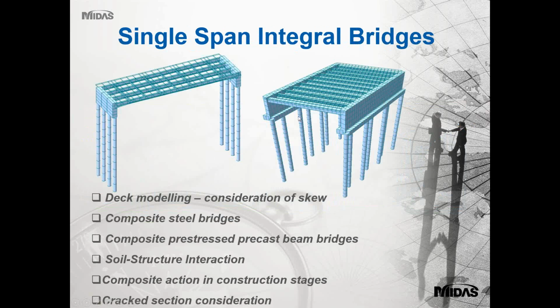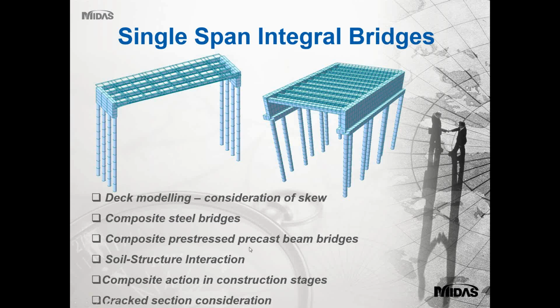Okay, so let's quickly move on to our first example. It's a single span integral bridge. The major features we will focus on in this type of bridge are how to model the deck, considering the skew and different types of skew, like if you have a skew angle less than 20 degrees or greater than 20 degrees, what kind of grillage you should be adopting. Composite steel bridges are shown on the left side here.